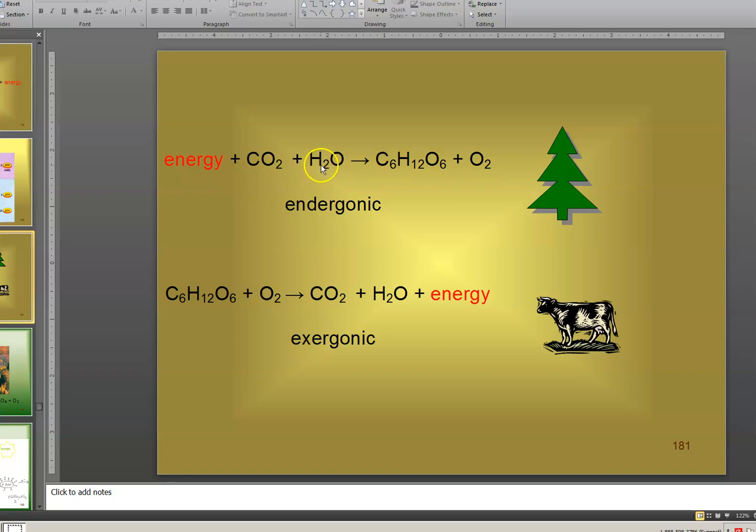The electrons around the hydrogen atoms in water occupy low energy orbitals. What we're going to have to do is raise those electrons to high energy orbitals in glucose. Where we extracted the energy from electrons falling from high energy orbitals to low energy orbitals in heterotrophic metabolism, we have to essentially push the rock uphill now and raise the electrons from low energy orbitals to high energy orbitals in water, combine it with carbon dioxide to make glucose.